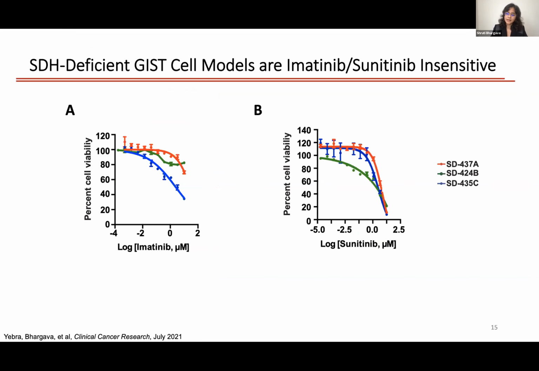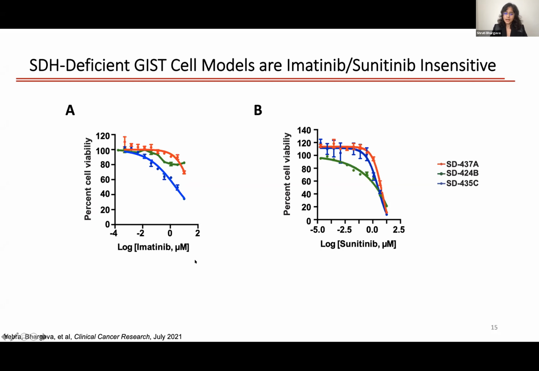This particular process is also recapitulated in our cellular models. So our models not only mimic the molecular characteristics of SDH deficient GIST, but are also now validating the clinical aspects of the SDH deficient tumors, like therapeutic resistance that is already present.